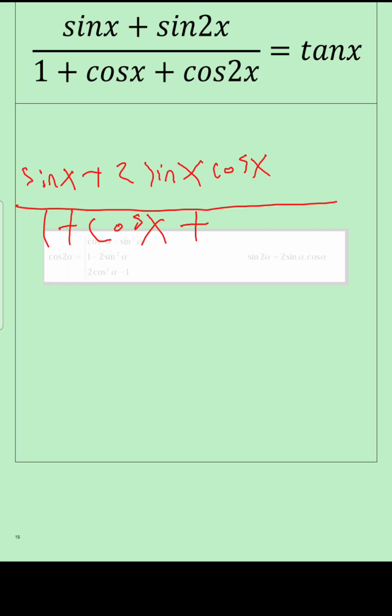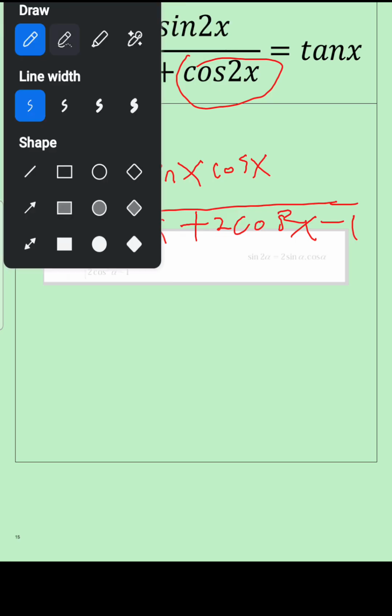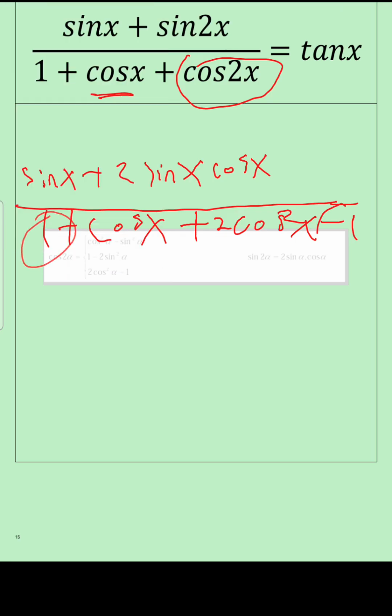So this one is close to what? To cos only. So I change it into the cos only identity. So it would be 2 cos squared x minus 1. Then 1 subtract 1 out.